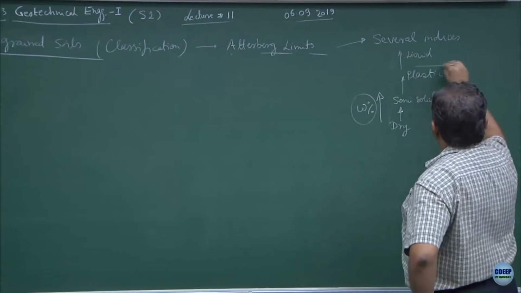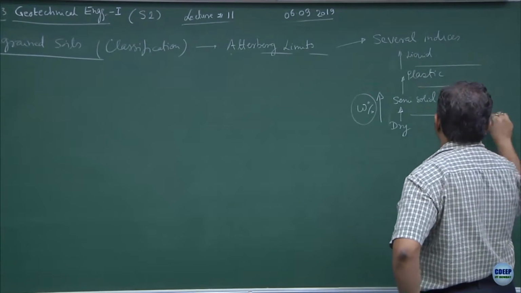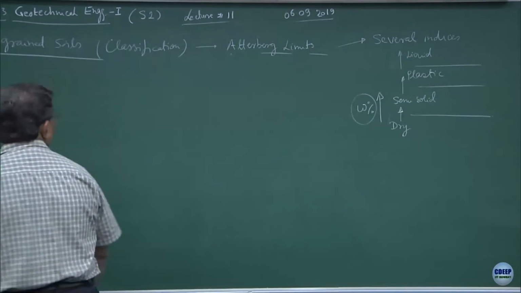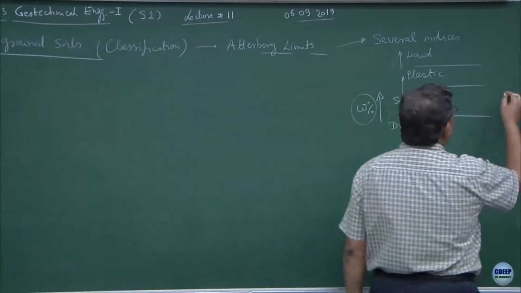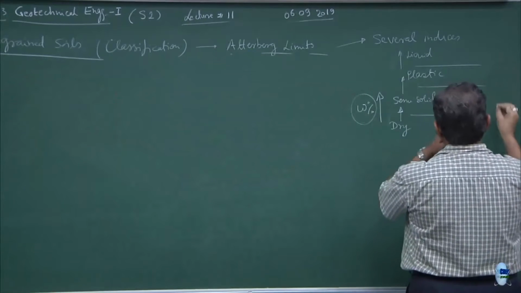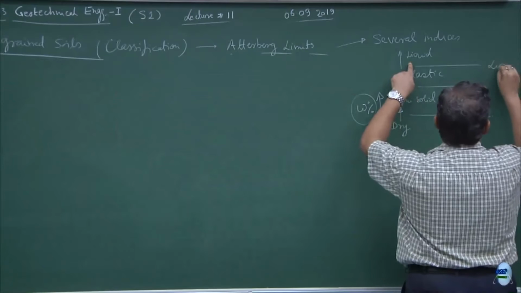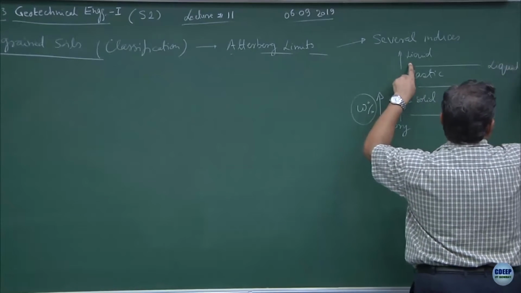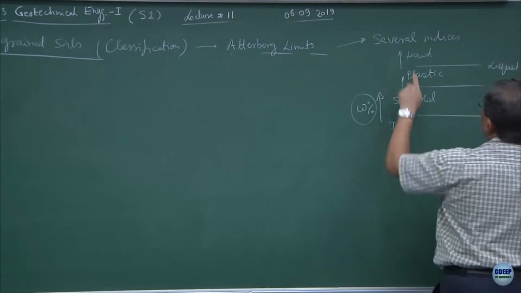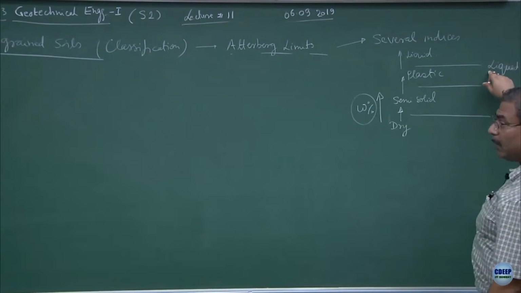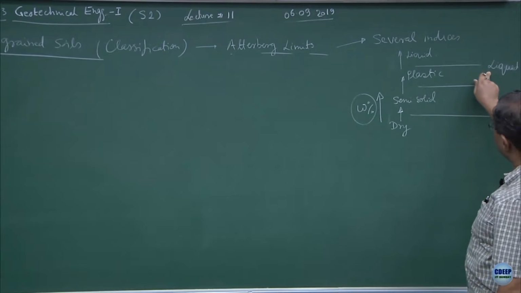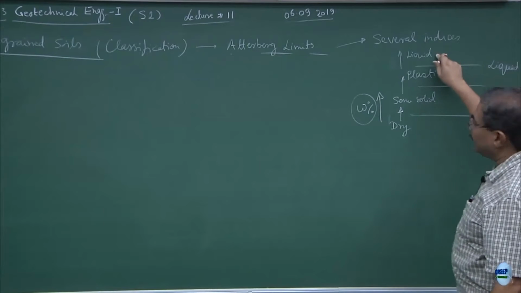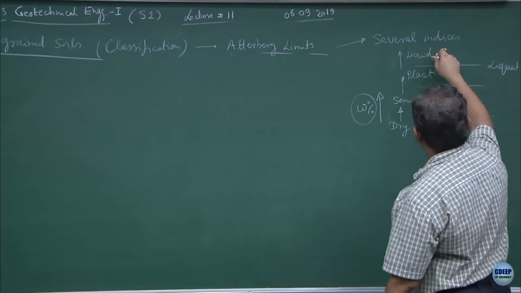The interfaces between these states are known as the indices or Atterberg limits. These are defined as follows. This will be the liquid limit; in other words, this is the minimum amount of water present in the system when the soil just starts behaving like a liquid.